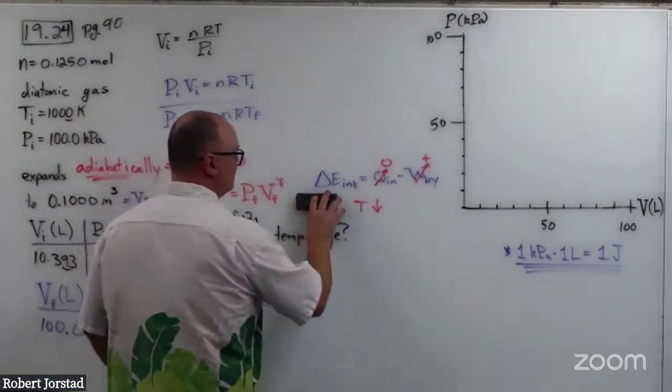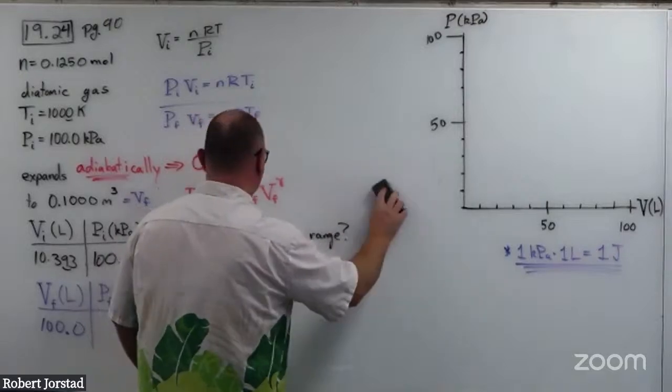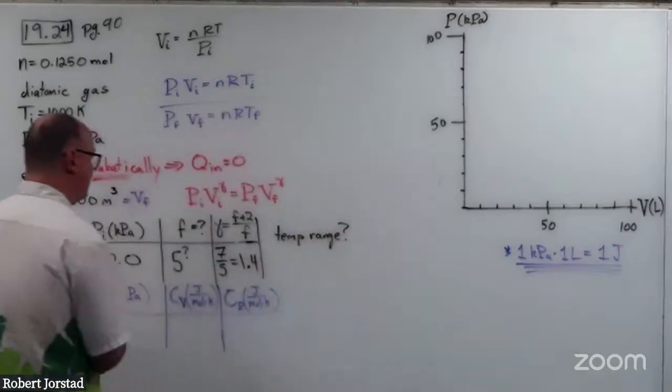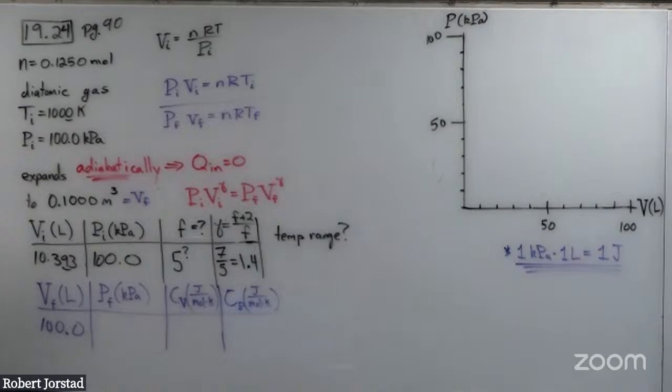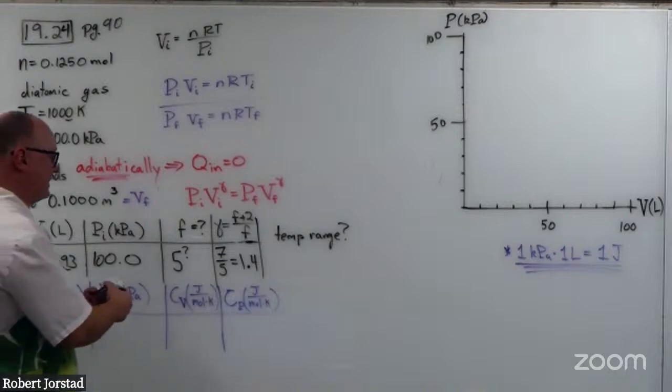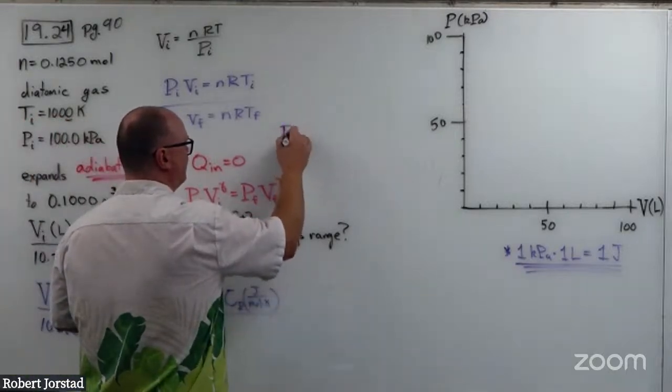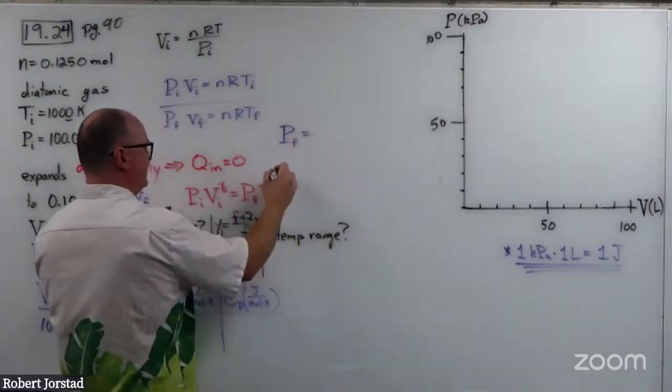All right. Well, let's get to work here. P initial, V initial. In this case, let's think if I need to worry about the units. Well, if I'm trying to solve for P final, rearranging this, what do I get?